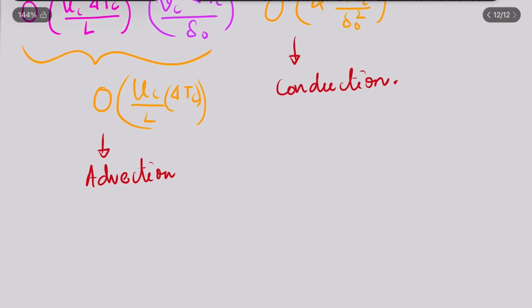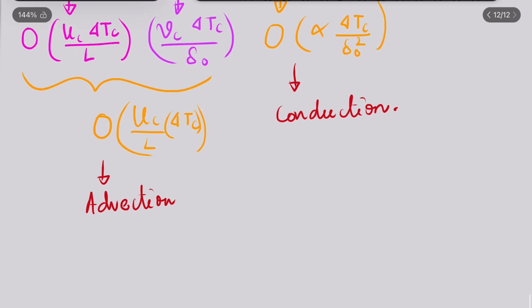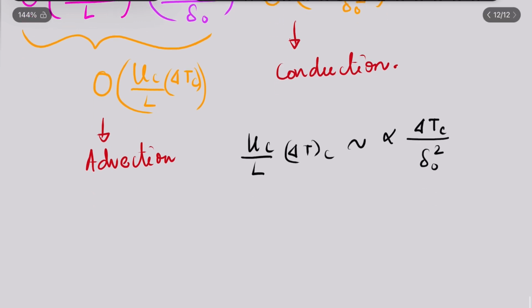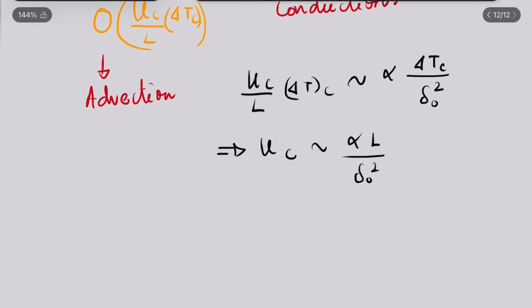Now if we have only two kinds of terms, like the continuity equation, UC by L into delta TC must be equal to alpha delta TC by delta naught square. That means your UC becomes of the order of alpha L by delta naught square. This is very important.